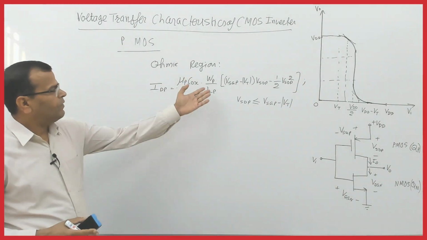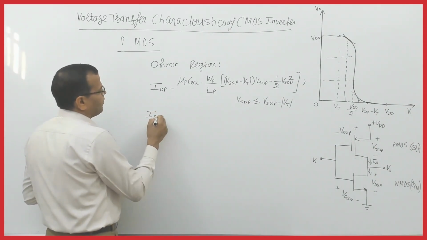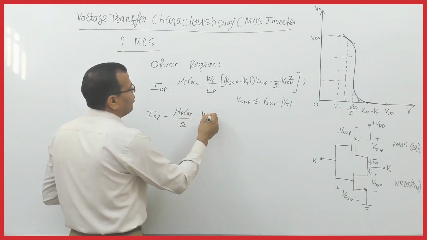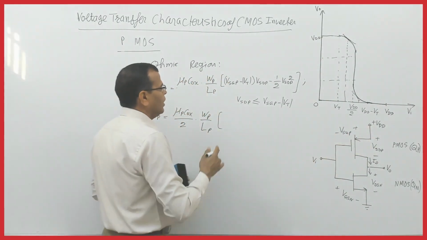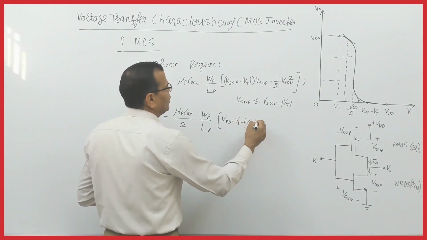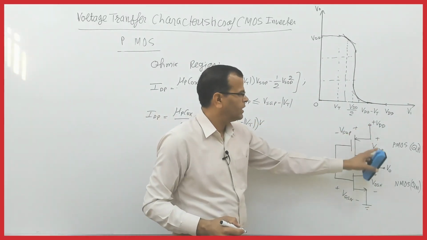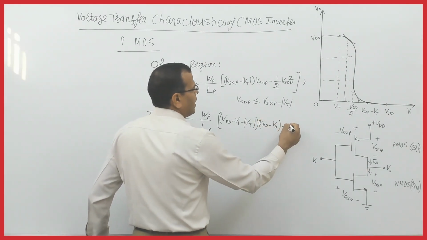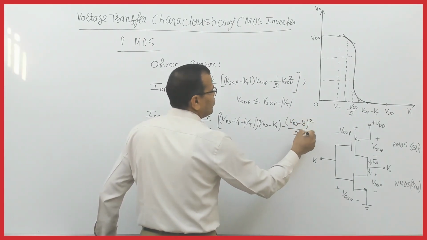Fine. And we can rewrite that expression again. So IDP is equal to mu P C naught X by 2 WP by LP into (VSGP, which is VDD minus VI, so VDD minus VI minus mod of threshold voltage) into (VSDP, which is VDD minus V0, so VDD minus V0 minus (VDD minus V0) whole square by 2).